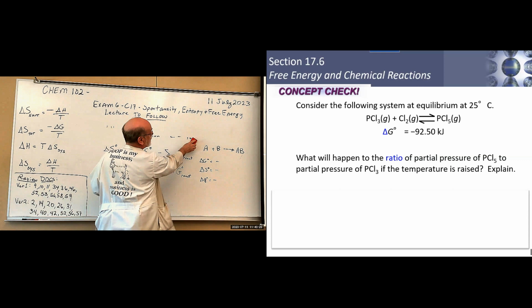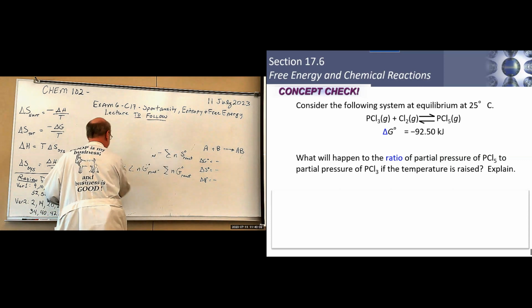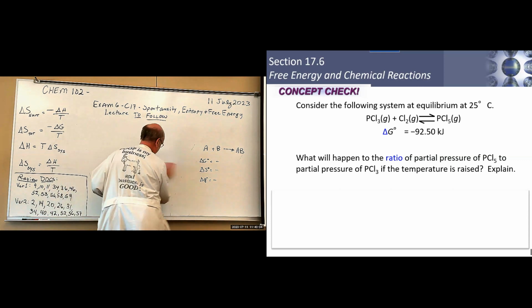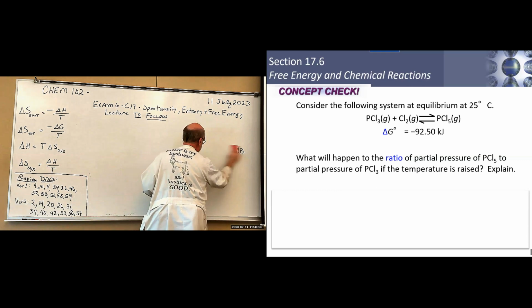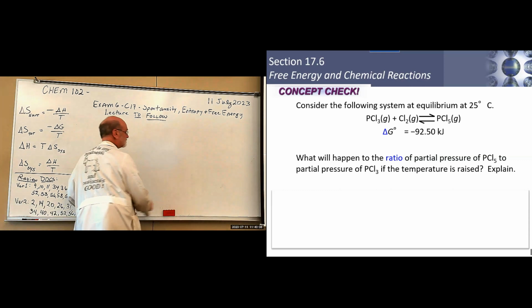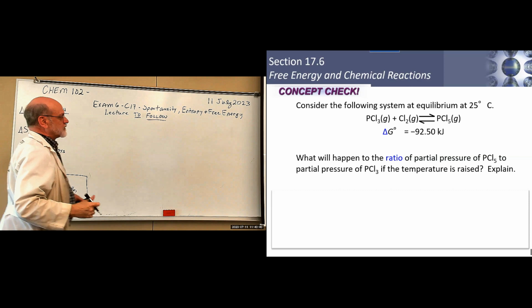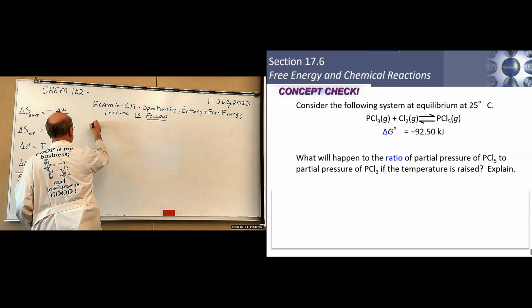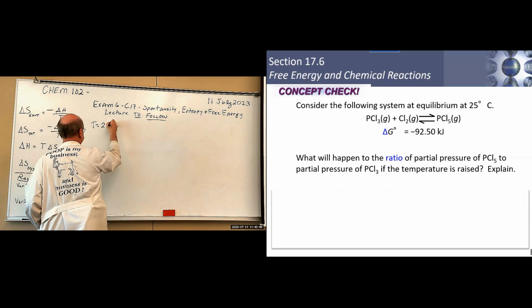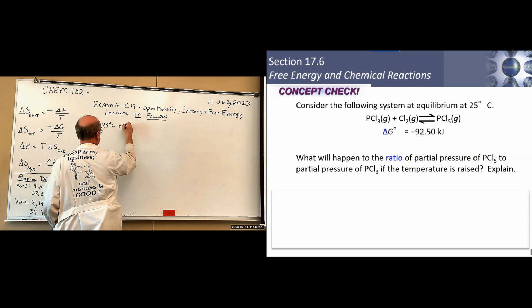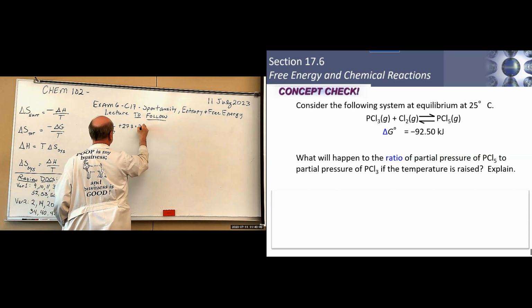So let's see. We've got a sample problem here. This should be useful for the review questions. So if we have this system at 25 degrees C, let's just go ahead and add 273 to it.